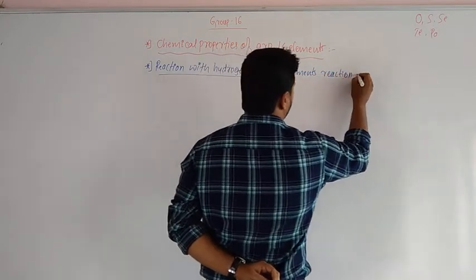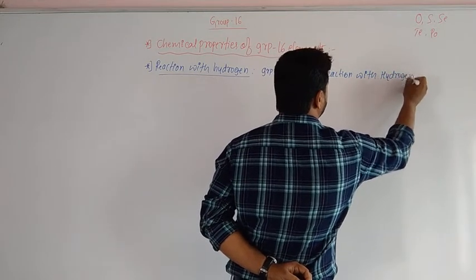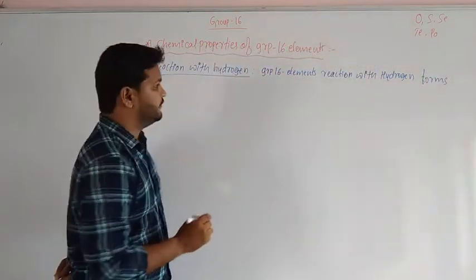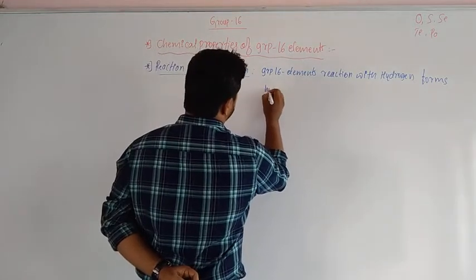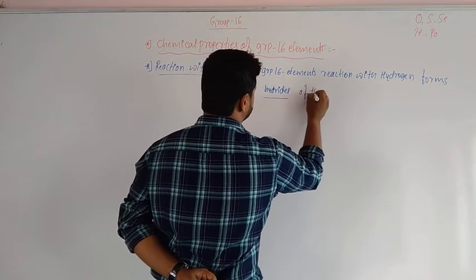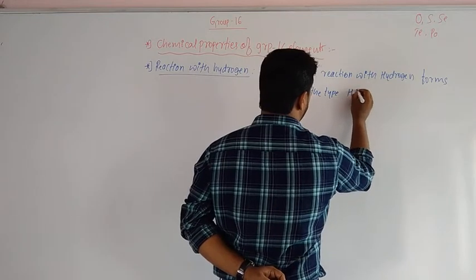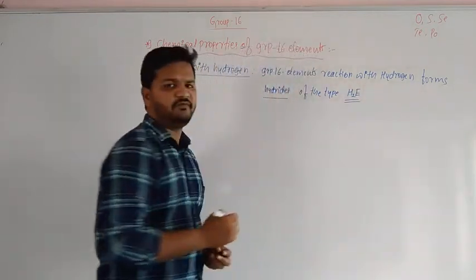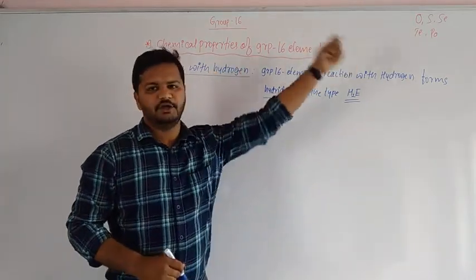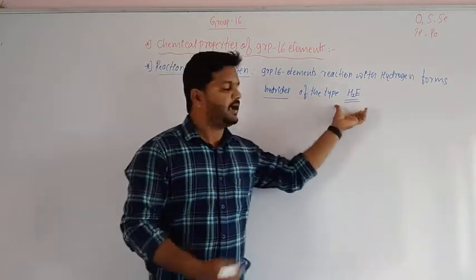Group 16 elements' reaction with hydrogen forms hydrides of the type H2E. Simple, students: when hydrogen reacts with group 16 elements, it forms hydrides of the type H2E.